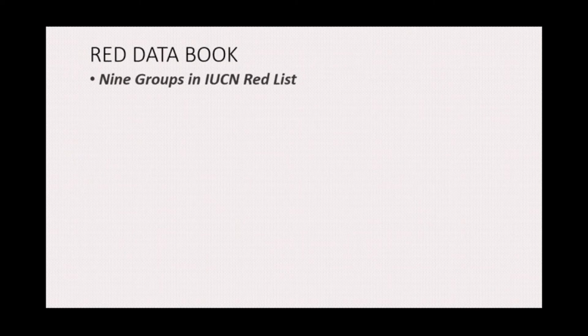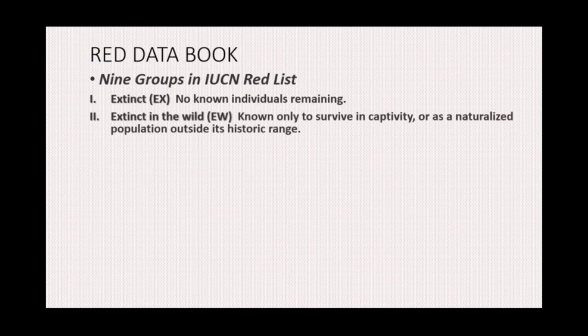The IUCN Red List or the Red Data Book contains 9 groups. The first group means all those animals which were earlier present on planet Earth but now have become extinct. That is, they are no more on this land. Such plant and animal species are included under this group, extinct. The second is extinct in the wild.